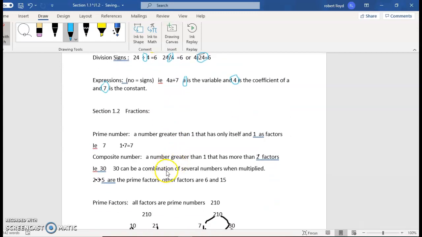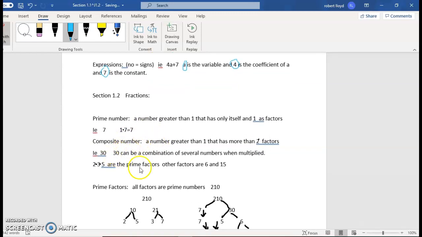Section 1.2, Fractions. A prime number is a number greater than 1 that has only itself and 1 as factors. For example, 7. The only factors or the only divisors of 7 are 1 and 7.